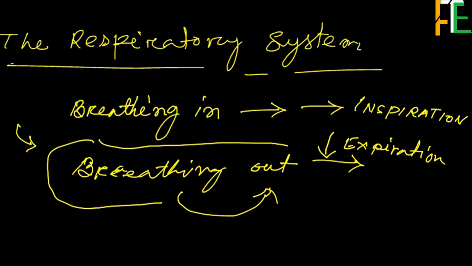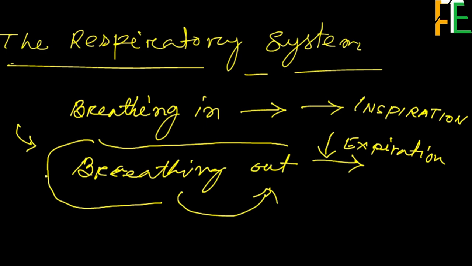Without the air that we breathe out, the expiratory air, we cannot produce speech sound. Most of the speech sounds are produced by the air that we breathe out. It comes out when we try to speak, try to articulate speech sound.